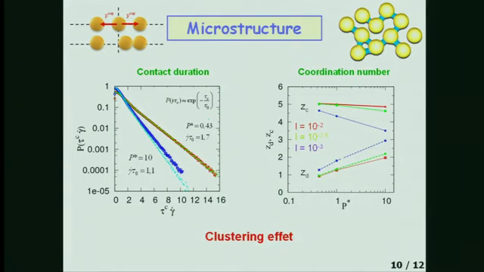Another observation is the evolution of the contact duration as a function of the cohesion. The contact duration is around the shear time for small cohesion, and is increased by a factor 1.7 for strong cohesion. So there is a clustering effect.